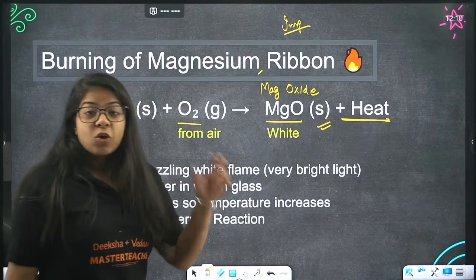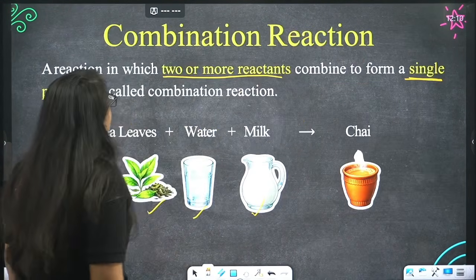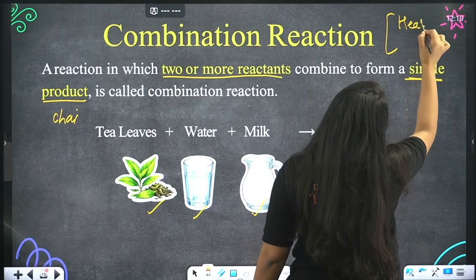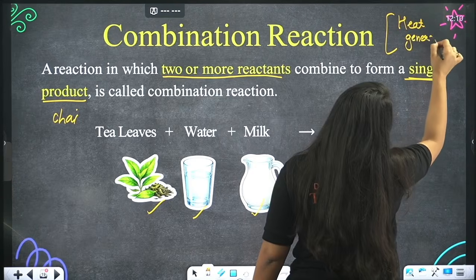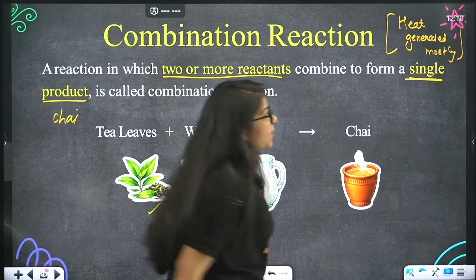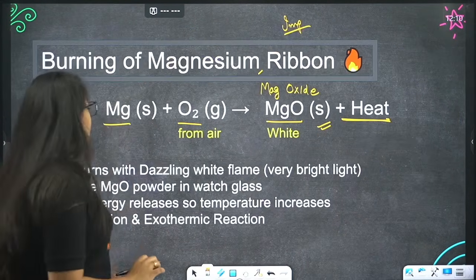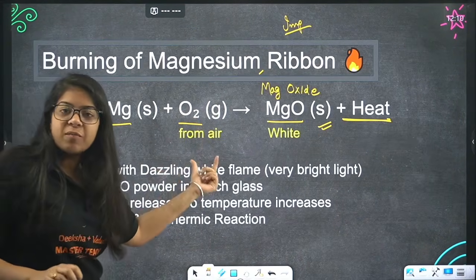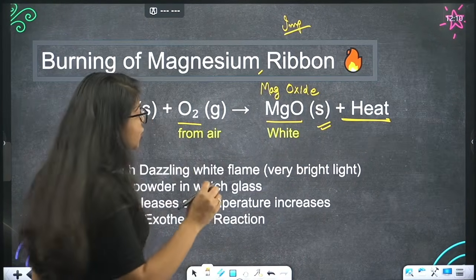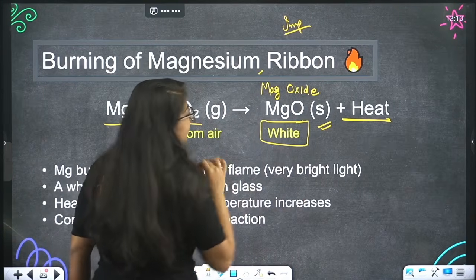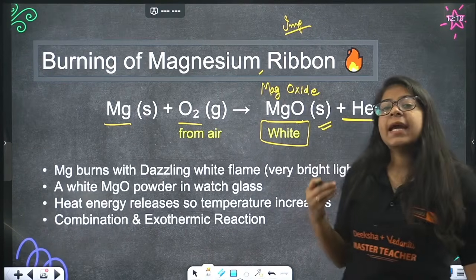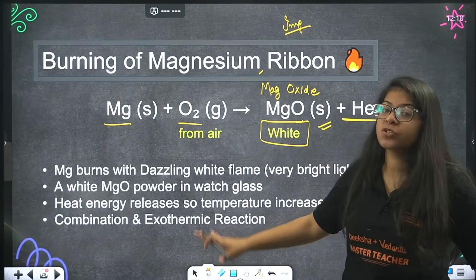Okay, now in combination reaction you have to remember one thing, that it's the reaction in which mostly heat will be generated. Mostly. Done. So magnesium combining with oxygen from air gives us magnesium oxide plus heat. Now this magnesium oxide beta is of white color. That is a very important detail you have to remember. Now beta, they can ask some questions on the characteristics of this reaction.